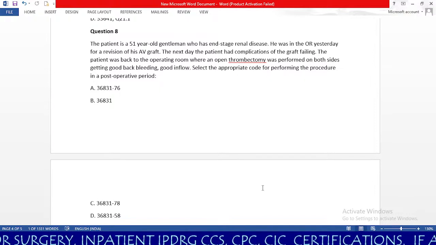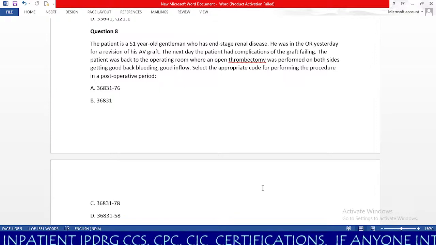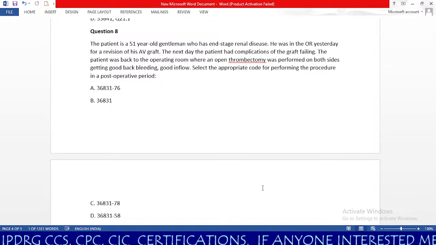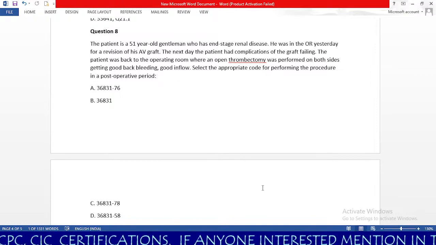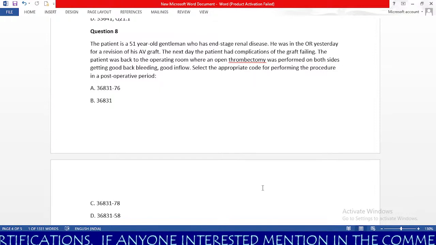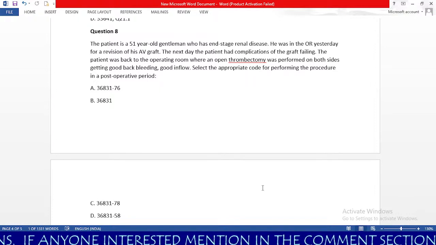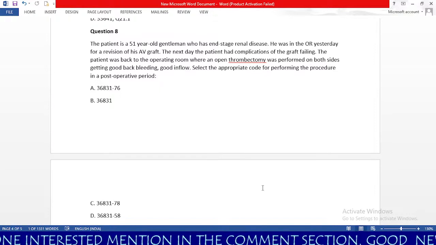So the 76 modifier description: what is that? It indicates the procedure or service was repeated by the same physician, but there is no repetition of the procedure here, Sarika. It is a complication of the AV graft. Basically the graft is failing. The patient was back to the operating room where an open thrombectomy was performed on both sides.